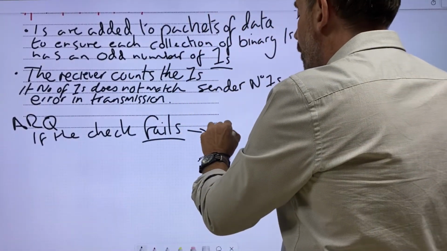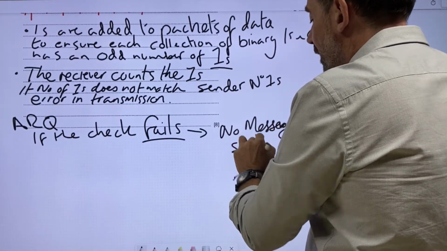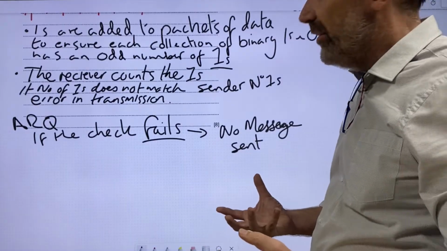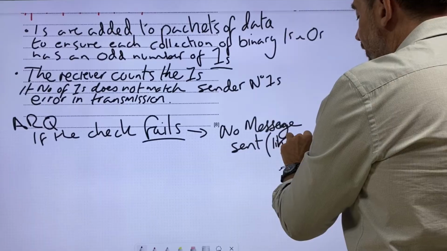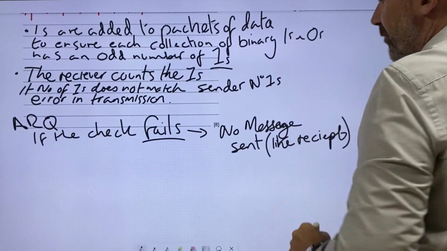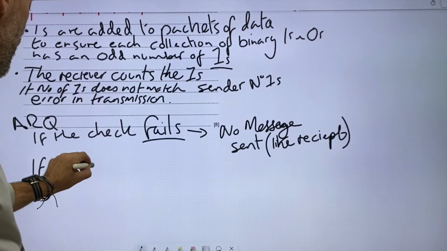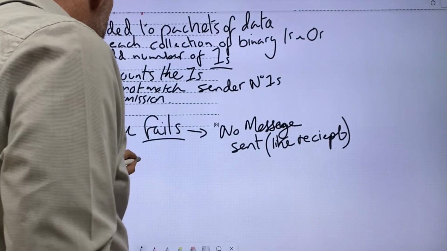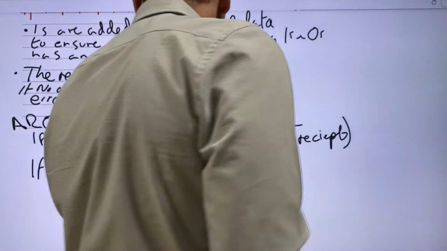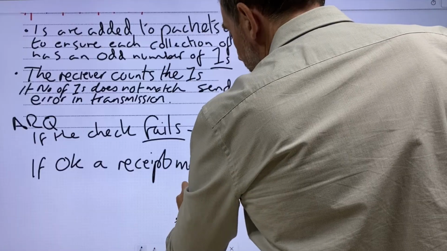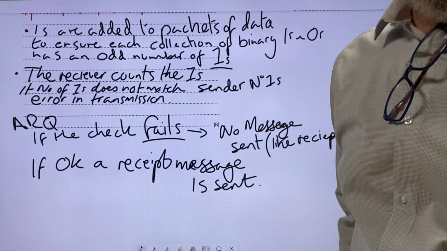then no message is sent, like a receipt. If the check passes, a receipt message is sent. Okay, so that's how ARQ works.